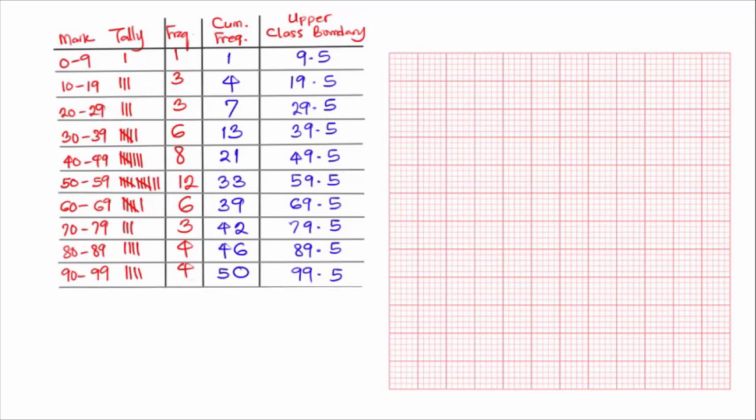So now we are going to be plotting our cumulative frequency curve by plotting the cumulative frequency on the vertical axis, okay, and the upper class boundary on the horizontal axis. Now we are concerned about what scale do we need to use. Here we are having entries from 1 to 50, so our scale should be able to cater for that.